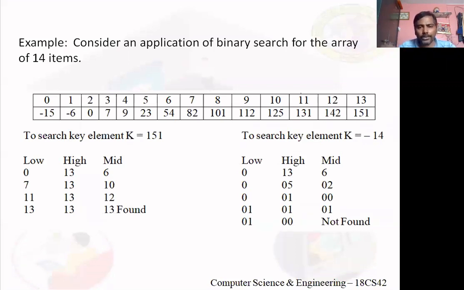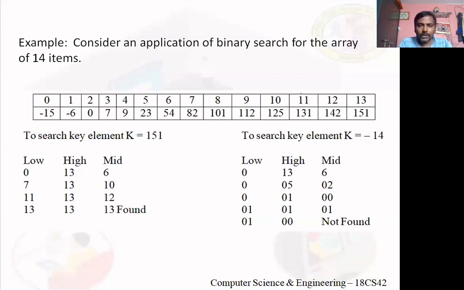Since the key is greater than the mid element, I need not search the lower elements of the array. The elements at indices 0 through 5 need not be searched.